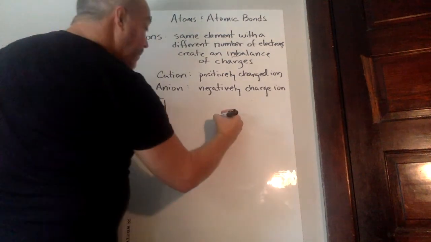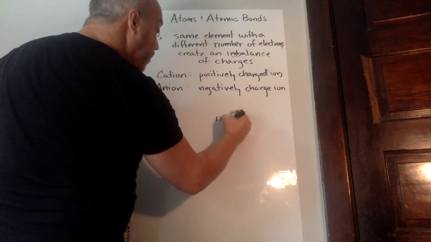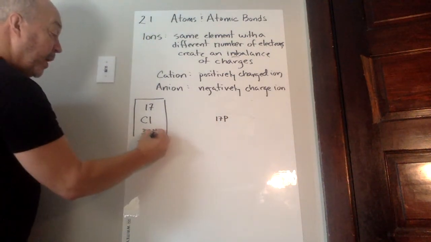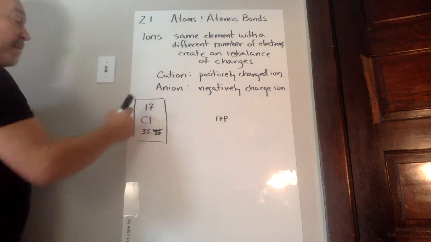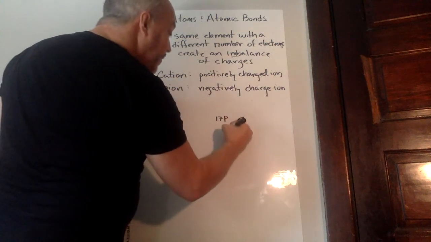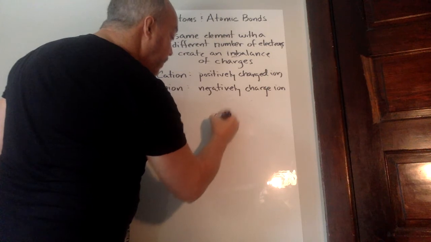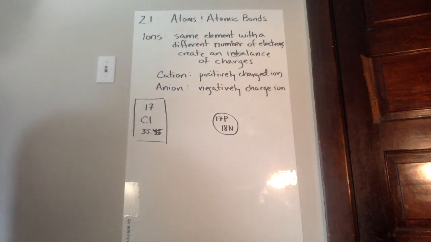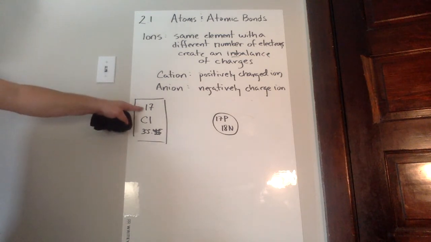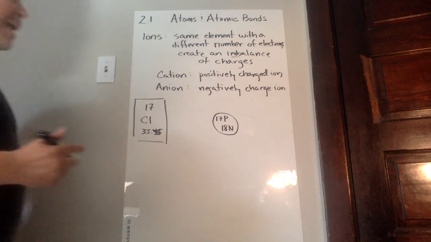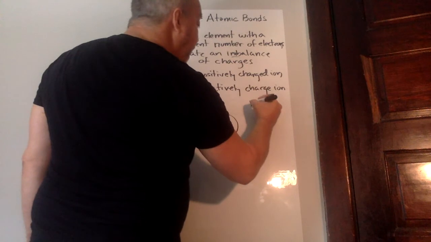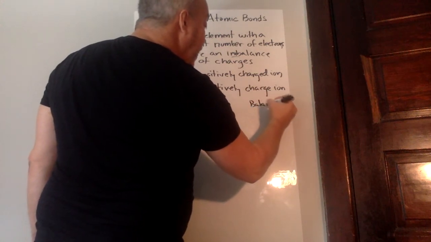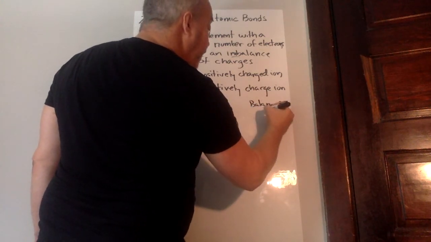So a balanced atom of chlorine will have 17 protons given. If we ignore the decimal point, 35 minus 17 gives us 18 neutrons. We wrap those up in our nucleus. We're going to have 17 positive charges, so in a balanced chlorine, we will have 17 negative.